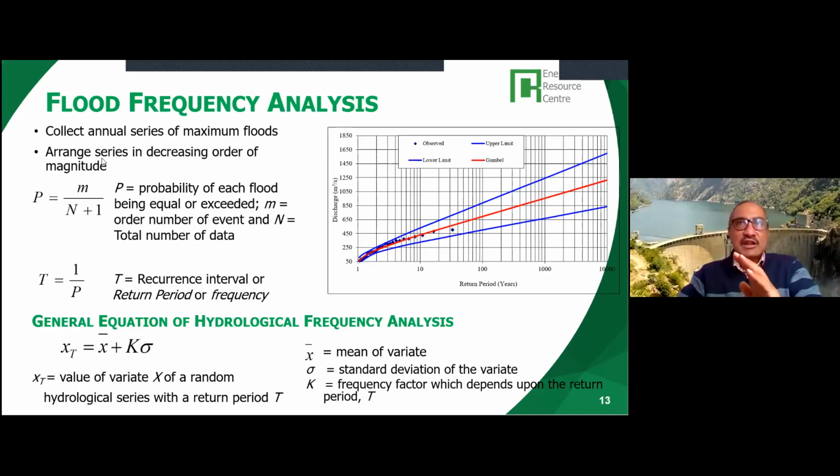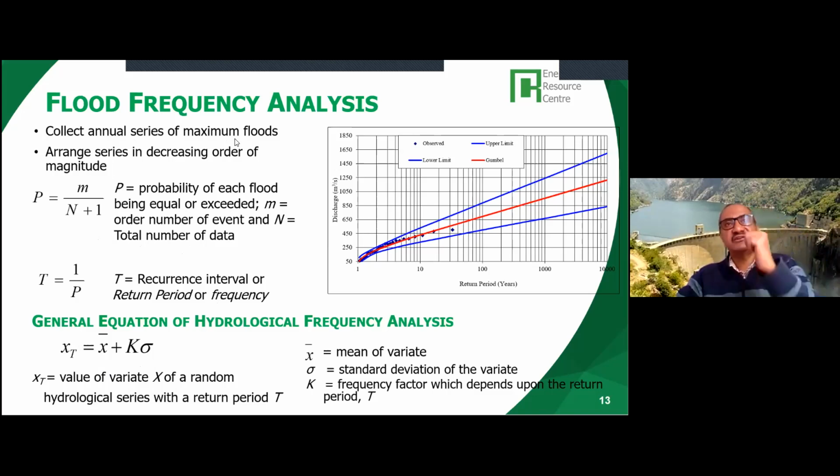Now, the flood frequency analysis is done using a frequency analysis. And basically, the basic procedure of flood frequency analysis is first we collect the peak discharge for every year, an annual series of peak discharge.